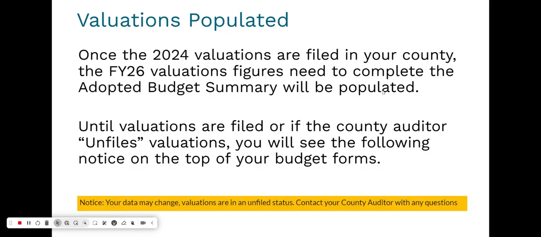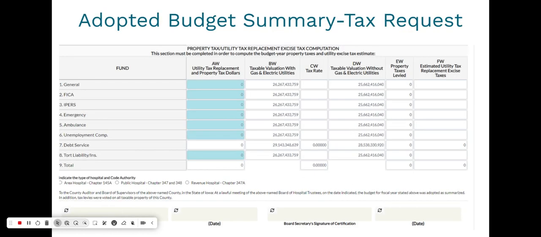The budget system itself goes out and pulls in the numbers you needed. Until valuations are filed, or if your county auditor, say, finds an error they need to correct, then they will unfile their values. So that way you know that the values are not in a final status and may change. So until they're filed, or if the county auditor unfiles and makes changes, you'll see this yellow ribbon. And if you have any questions, certainly contact your county auditor.